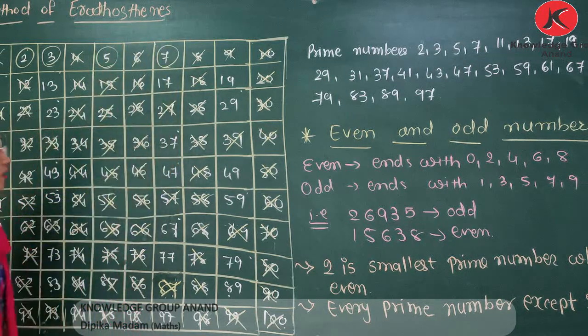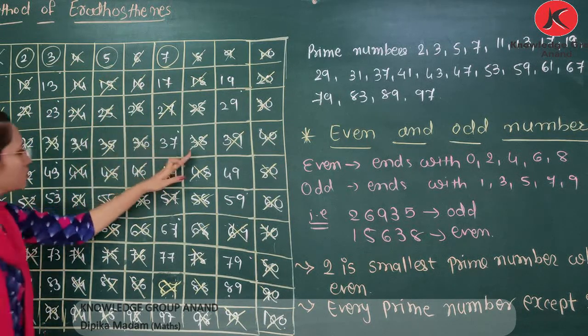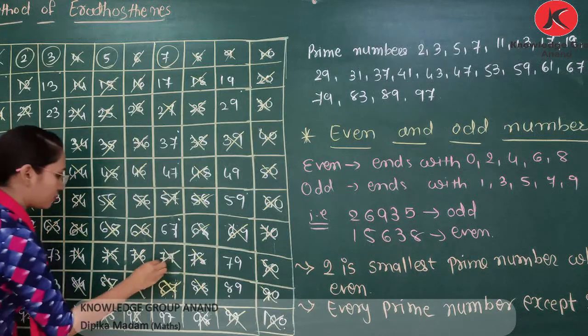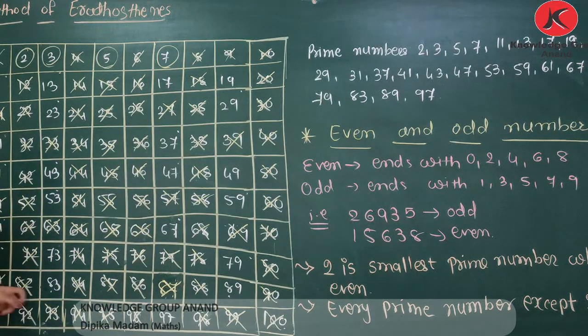Now 7. 7 2s are 14, 21, 42 already crossed, 61, 77. After that, okay, done. All multiples of 7 are already crossed.